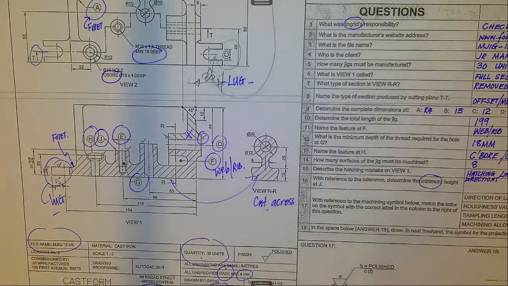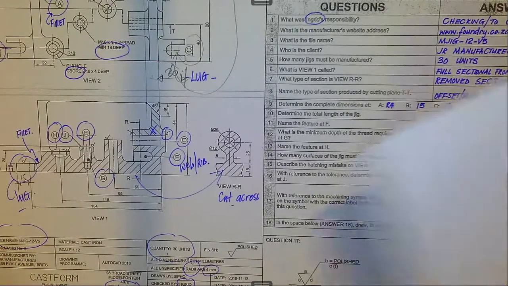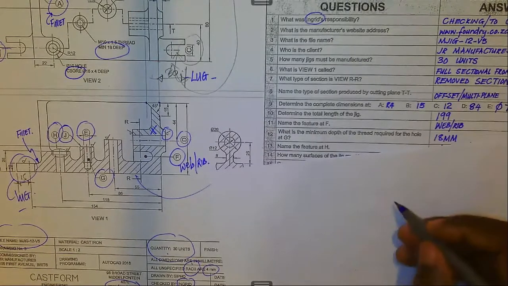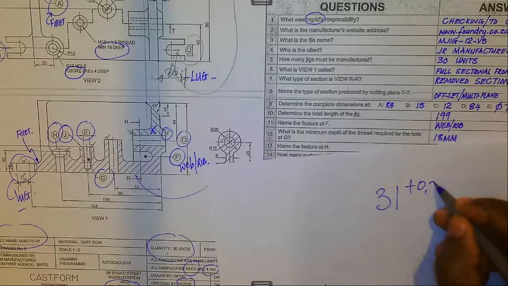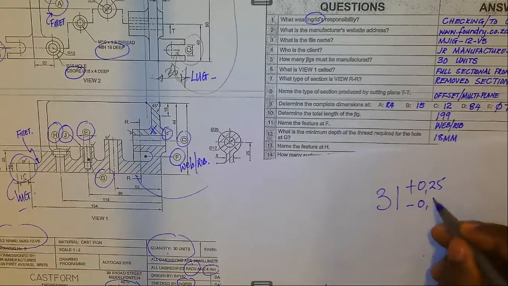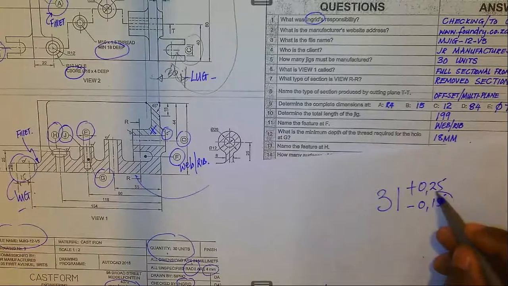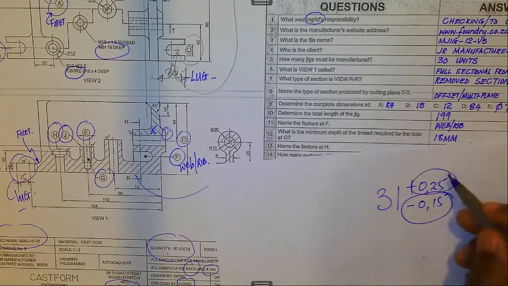If it is minimum, which means you are looking at the one that you are separating. Remember, it's 31 like that. Then it says plus 0.25, then minus 0.15. So if it is minimum, it's about subtraction. If it is maximum, it's about addition.